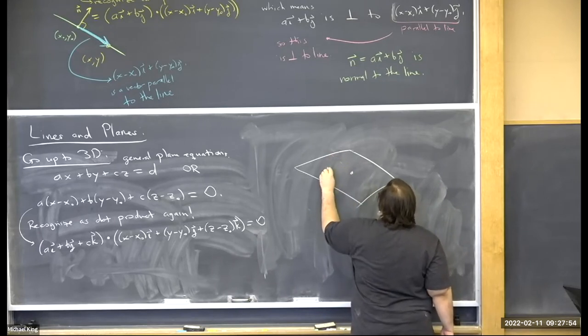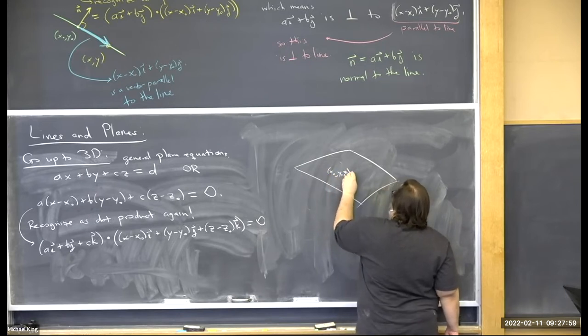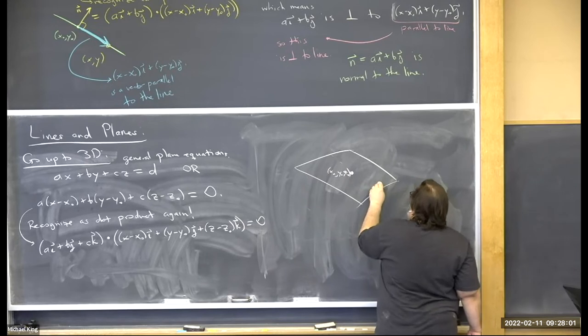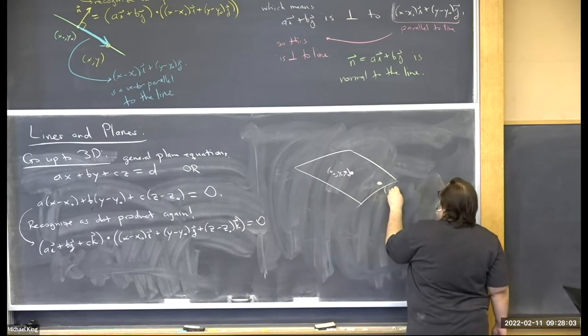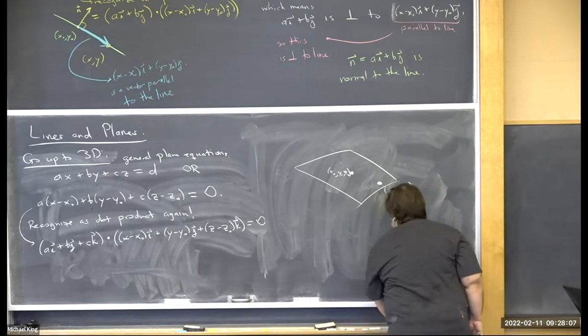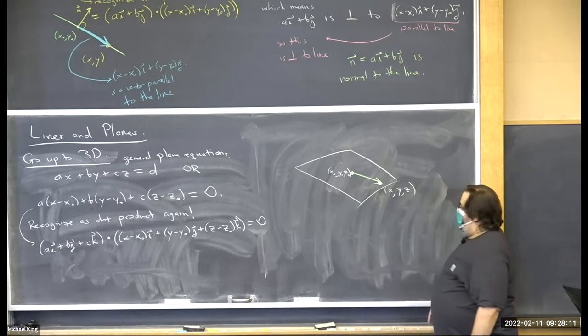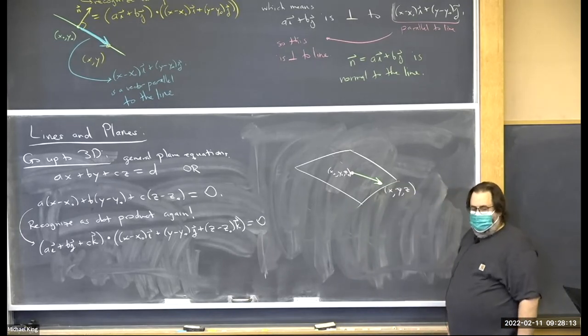And here's our given point x naught, y naught, z naught. If we have another point on the plane, x, y, z, then we have this vector in the plane, parallel to the plane.